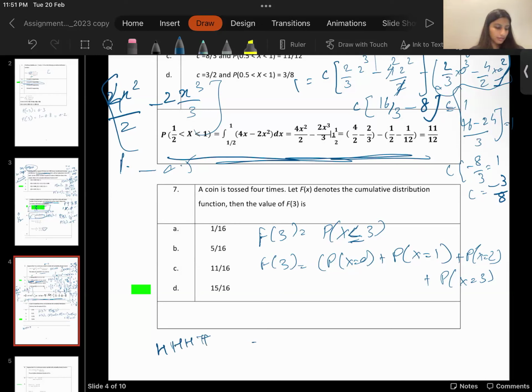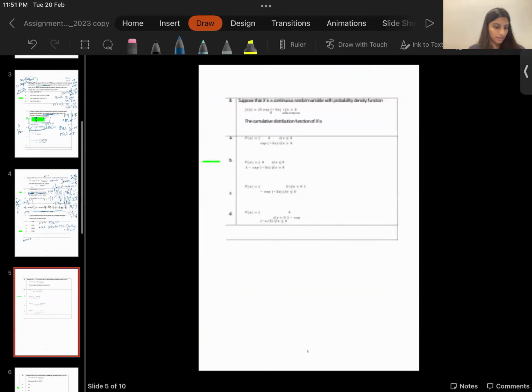I'll get back to this because this is a different formula and we didn't cover that in this lecture.